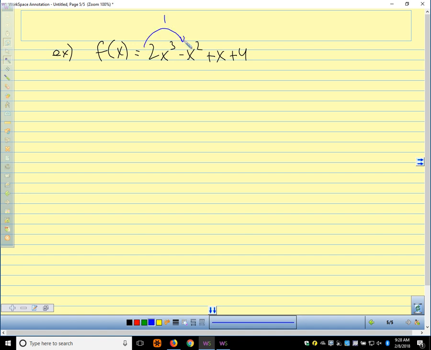We have 1 there, and we have 1 there. So we have 2 sign changes.